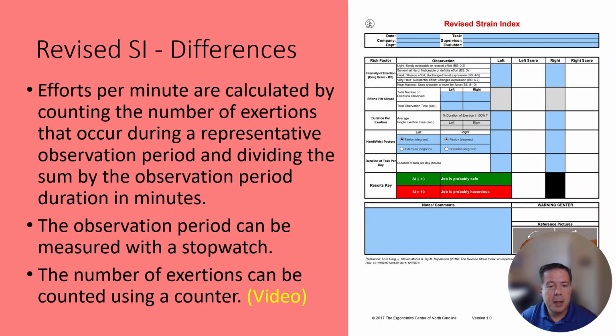Then it's the observed period divided by the sum of the duration in minutes. The number of exertions is counted by a counter. So this is that revised strain index, and as you can see, hazardous is above a 10 and below a 10 is safe.